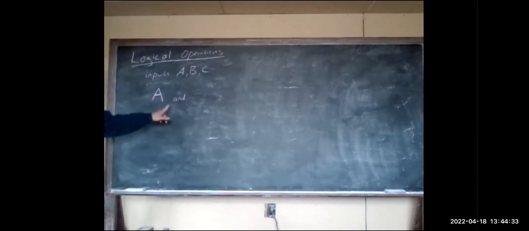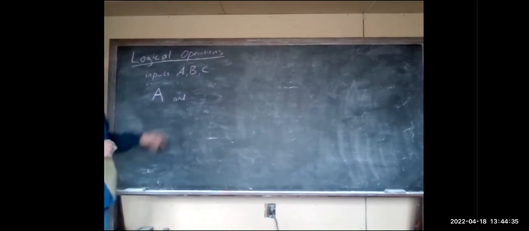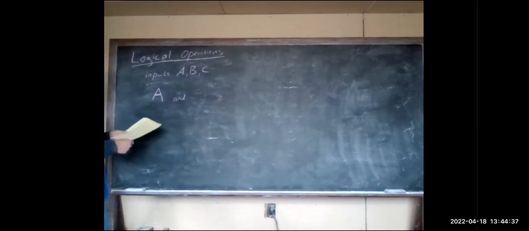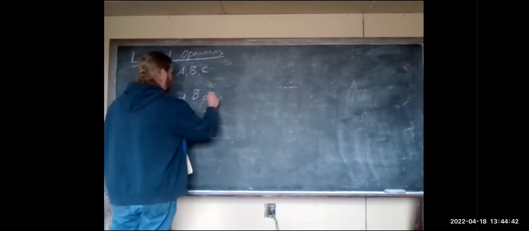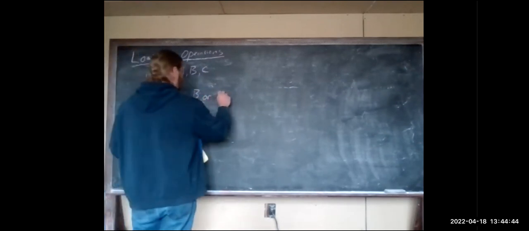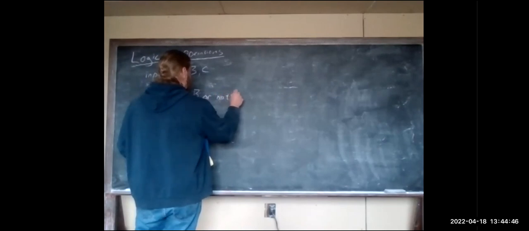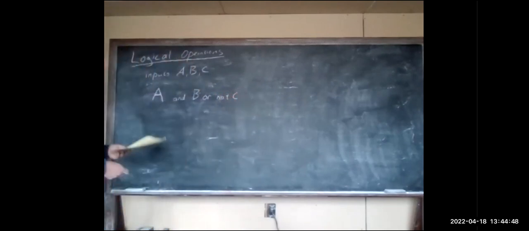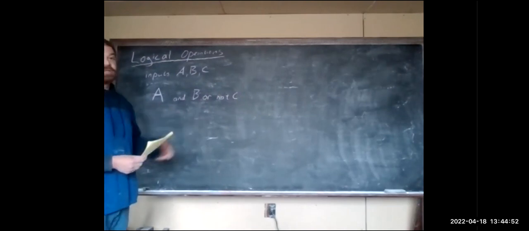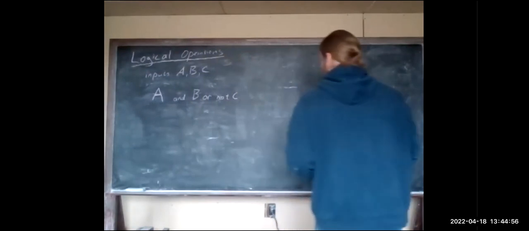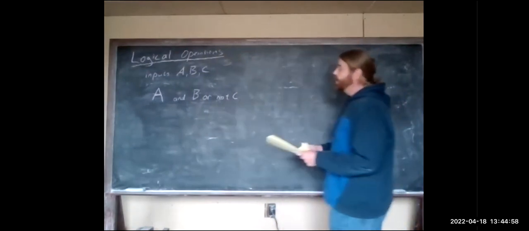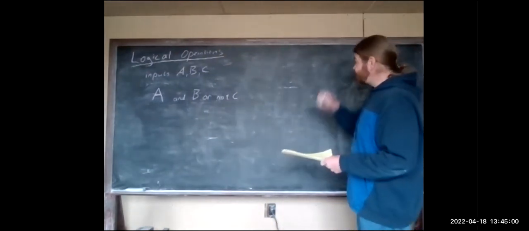This is the logical operation AND. A and B, or not C, is the one to set up a truth table for. So not a super complicated one, but you'll see the truth tables get fairly large fairly quickly. As our situations get more complicated, so will this.